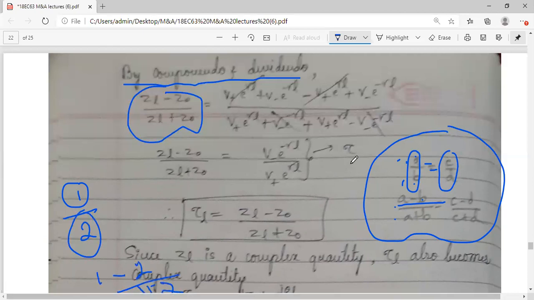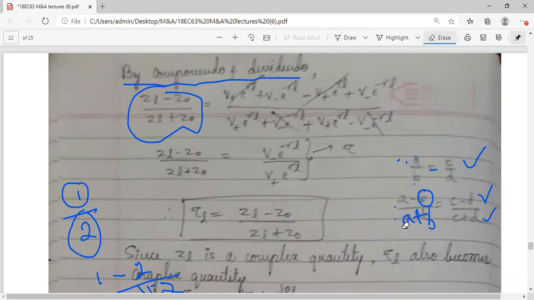Whatever numerator you have, the first term, and the second term with the sign change, and in the denominator, the first term and the second term with the other sign. Similarly for the RHS, C by D becomes C plus D by C minus D. So this is the componendo and dividendo rule.